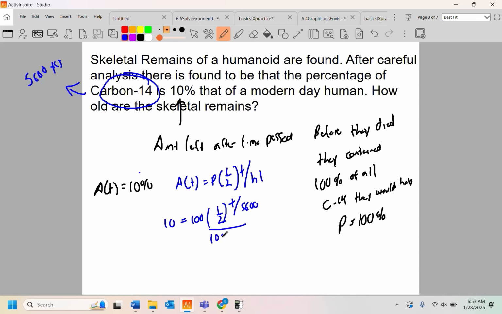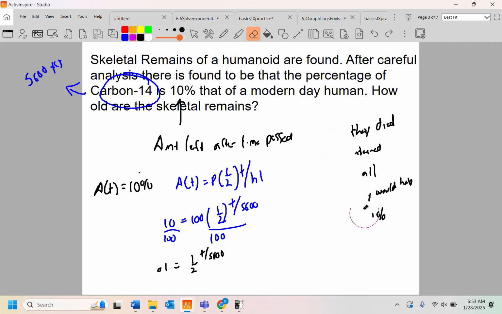Now we're going to play the isolation game. We're going to divide both sides by 100, and we're going to get the decimal for 10% here because 10 over 100 is 0.1. And there's lots of ways of doing this problem from here on out. I am going to ln both sides because it's the easiest way to do it.